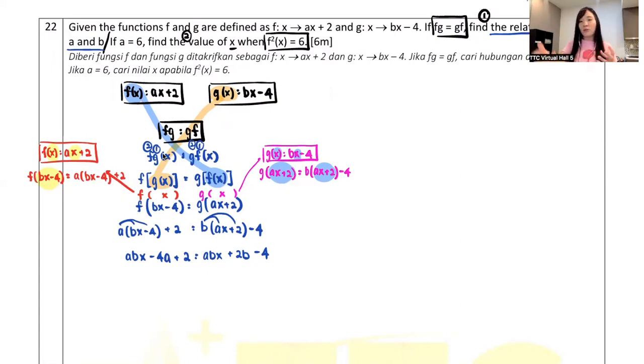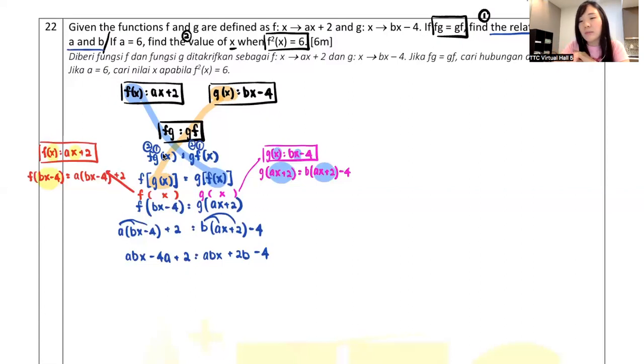So maybe A equivalent to B plus 2. Or maybe A equivalent to B minus 2. Or maybe A is double of B. So you can write A equivalent to 2B also can. So whenever they say find the relation, that means they want to know in between both of them, their relation is plus, minus, times or divide. That means they want to express A in terms of B.